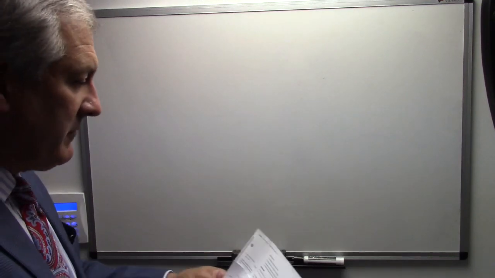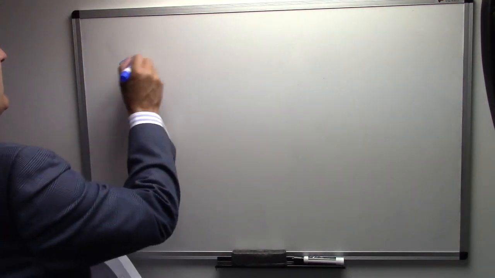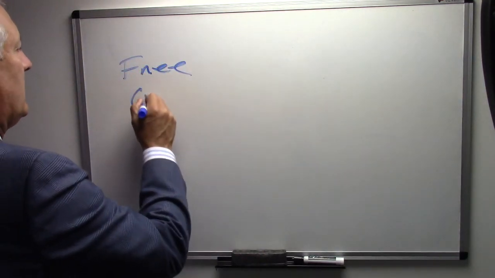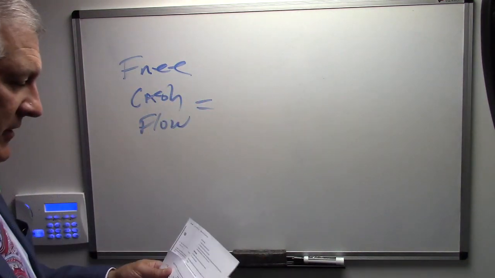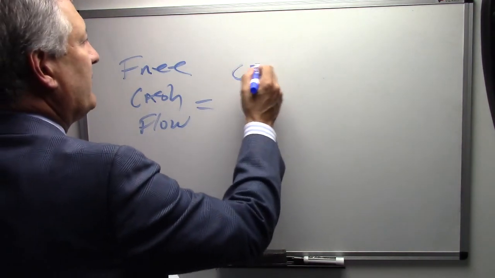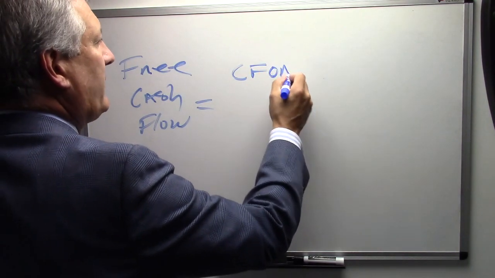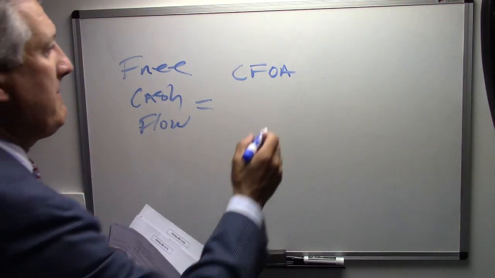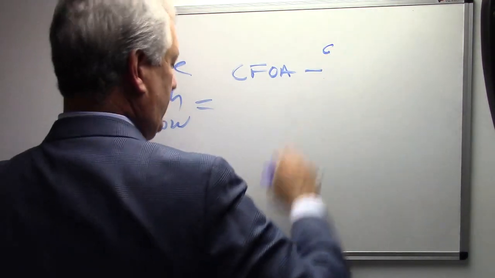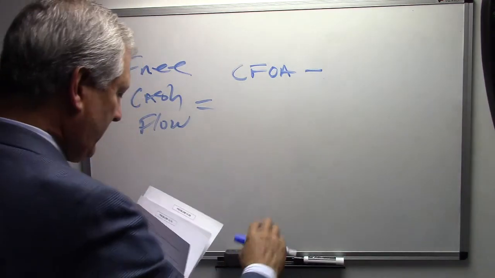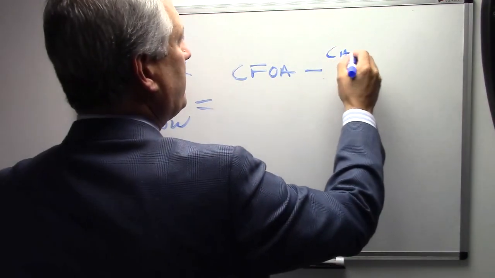The second item is asking for us to calculate free cash flow, which equals what? Cash flow from operating activities minus capital asset purchases.